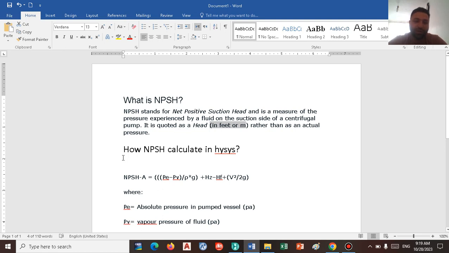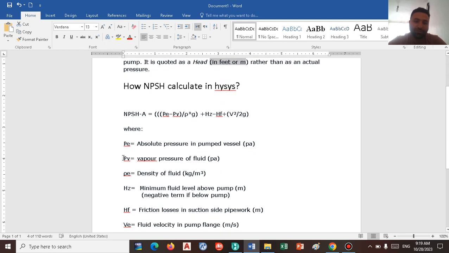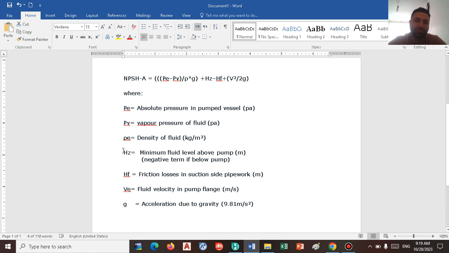So how is NPSH calculated in HYSYS? Let's formulate NPSH, or net positive suction head, in a pump. The first term is the absolute pressure in the pump vessel, and the second one is the vapor pressure of the fluid. We do not have any item titled vapor pressure in HYSYS; we should find the bubble point, insert the bubble point number into the spreadsheet, and calculate the NPSH.